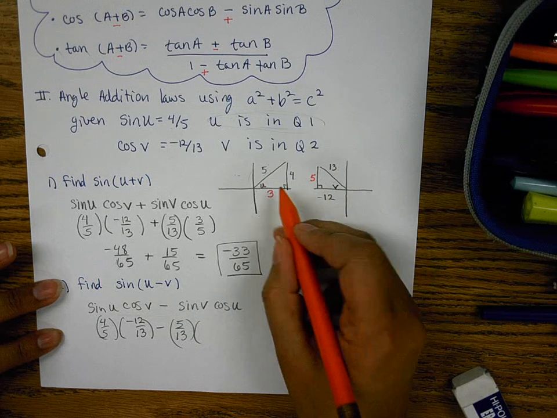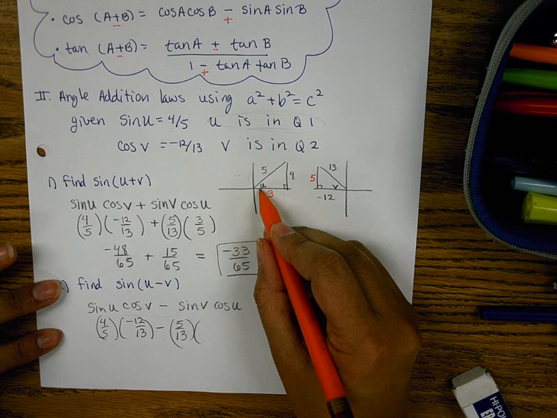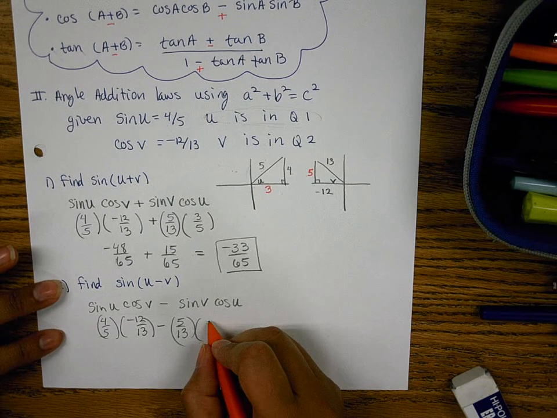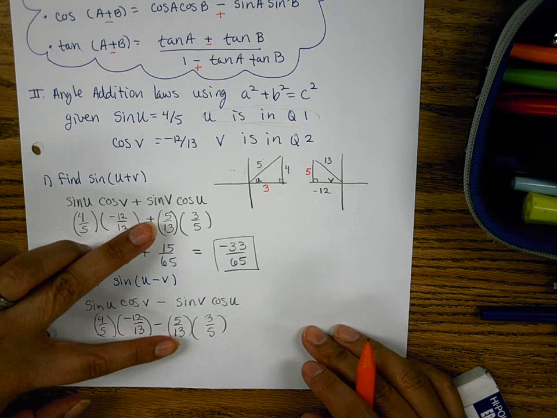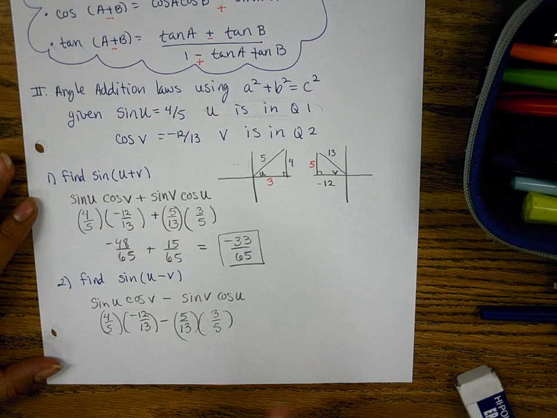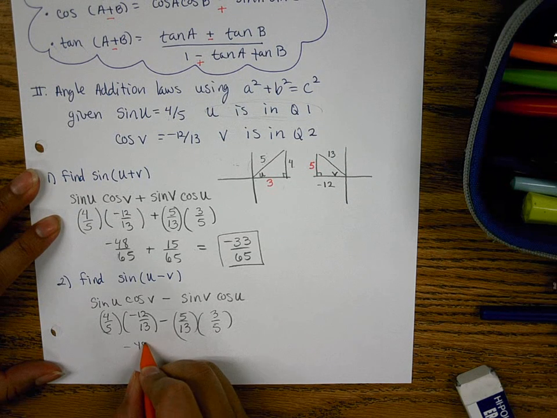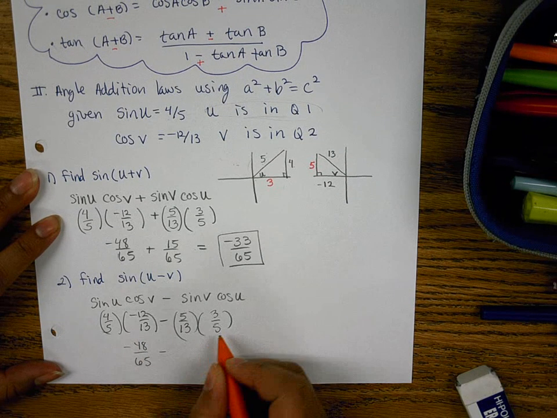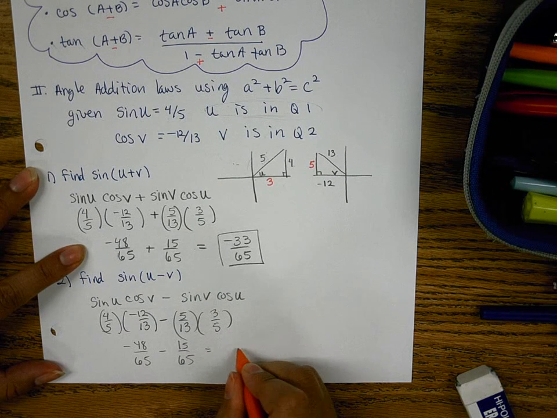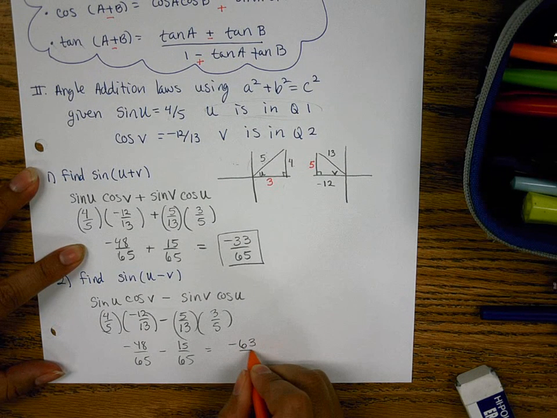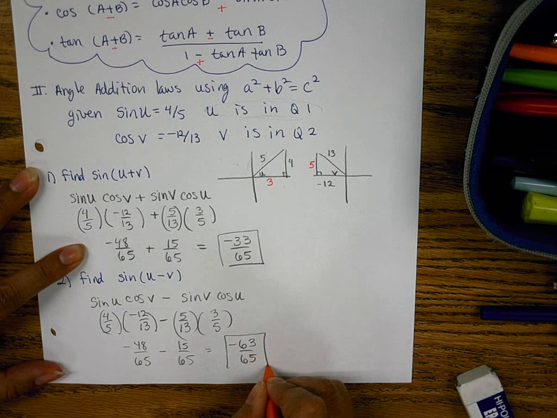And cosine of U, adjacent over hypotenuse, 3/5. They are the same numbers, only plus has become minus. So negative 48 over 65, take away 15 over 65, which equals negative 63 over 65.